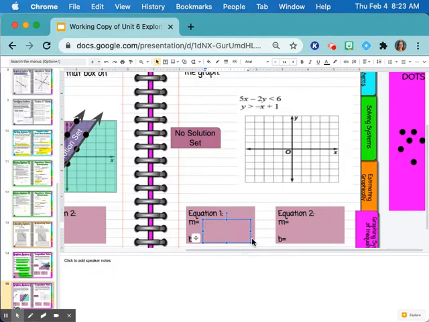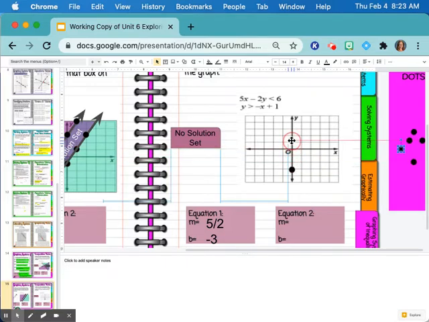So on this one, our slope is 5 over 2, and our y-intercept is negative 3. So we'll start at the negative 3, and then we'll go up 5. So 1, 2, 3, 4, 5 over 2.